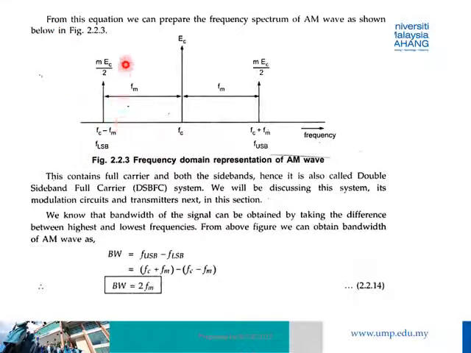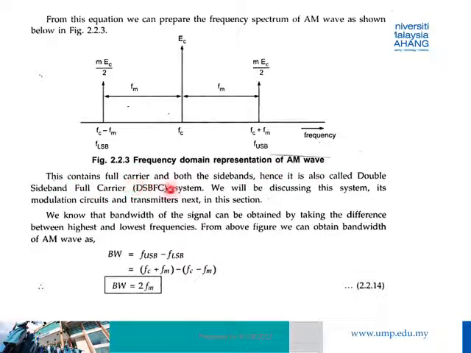We have the amplitude of MEC over 2 at the frequency FC minus FM, which is the lower sideband. We have the amplitude EC at FC, the carrier frequency, and we have the amplitude of MEC over 2 at the upper side frequency, FC plus FM. This is the frequency domain representation of the AM wave.